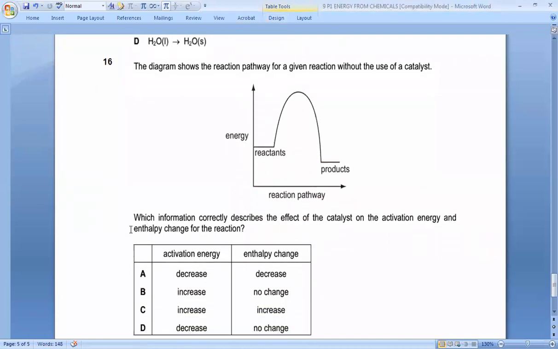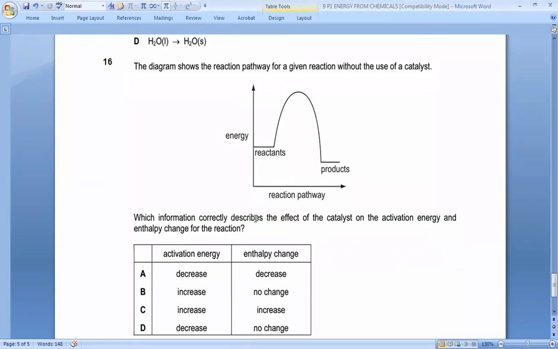Which information correctly describes the effect of catalyst on the activation energy and the enthalpy change for the reaction? Listen, guys, there is no change of enthalpy change, either catalyst is used or catalyst is not used. Presence of catalyst or absence of catalyst, there is no change of enthalpy change.